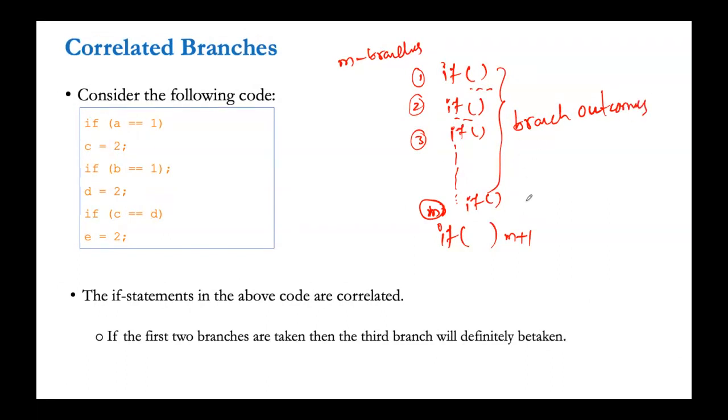If these branch outcomes are taken, then it will be taken. If not taken, then it will not be taken. So we use the m branches to predict the (m+1)-th branch, whether it will be taken or not taken.